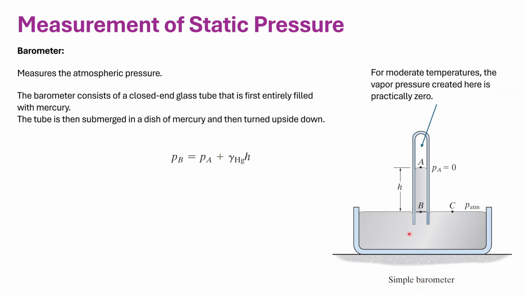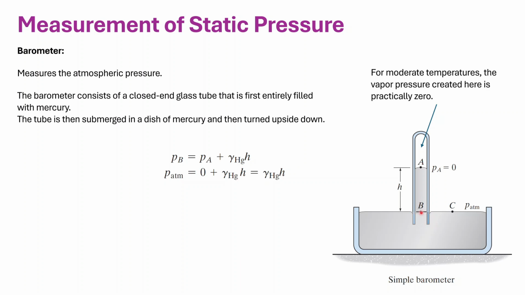So we can write PB equals gamma Hg times H, where gamma Hg is the specific weight of mercury, times H, which gives us the pressure created by this column of mercury in this glass tube, plus whatever pressure exists here, and it is basically zero.